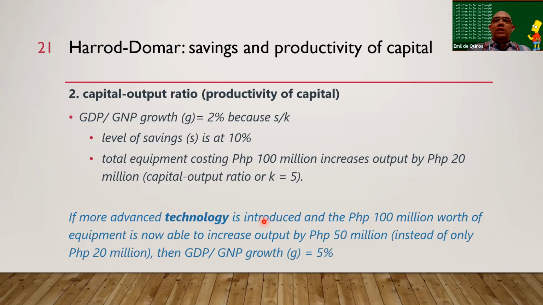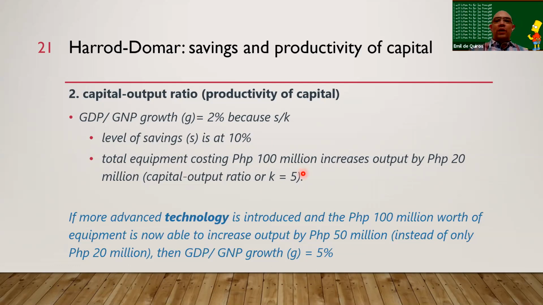So it's basically what's your bang for the buck, you know. And this example will further elaborate that. So again, go back to the original example. It's still 2% because savings is 10%. The capital output ratio is 5.